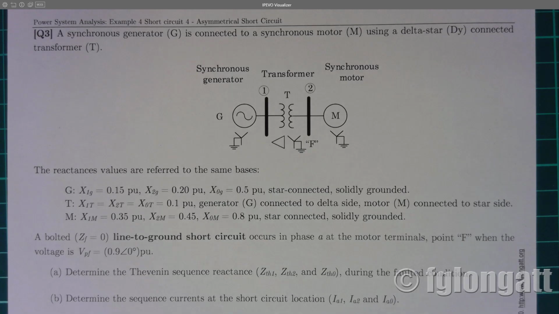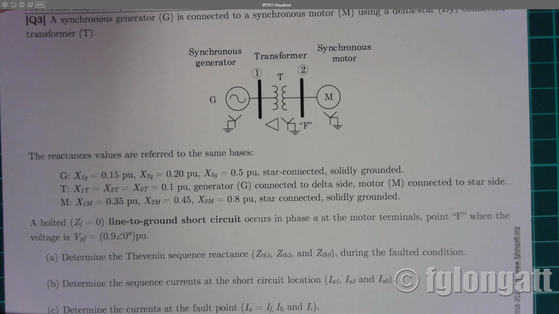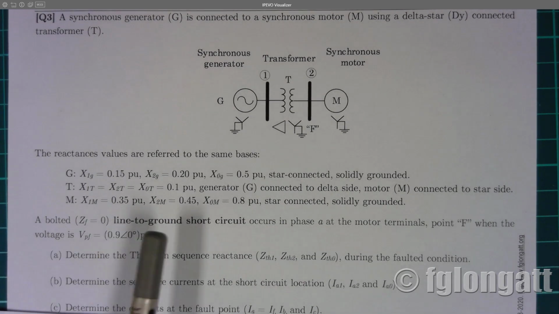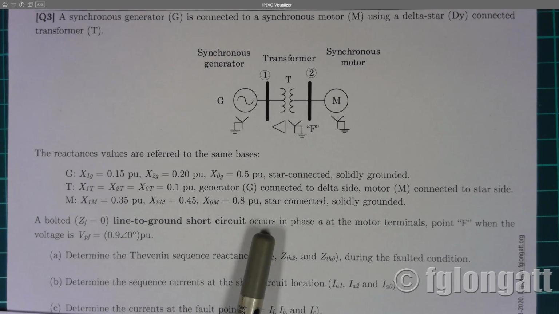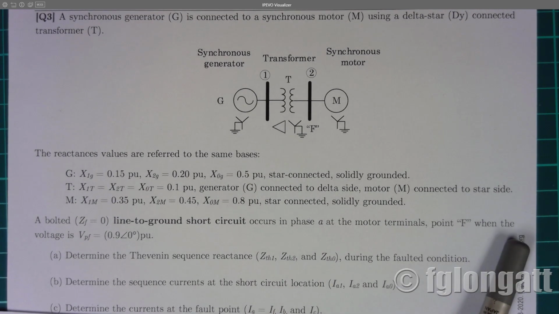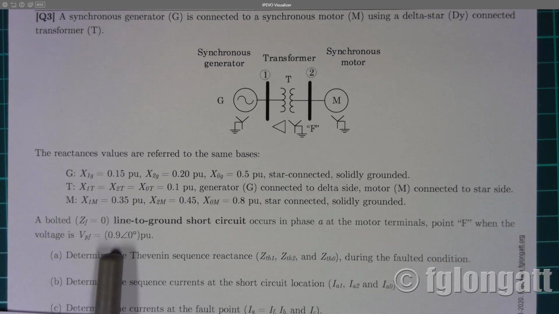Then we have a very interesting condition. We have a fault here, and that is the deal today. As you can see over here, there is a description, and the description says a voltage line to ground short circuit occurs in phase A at the motor terminals, point F, when the voltage is 0.9 per unit at 0 degree phase angle, okay?